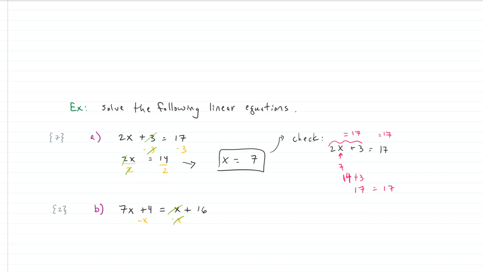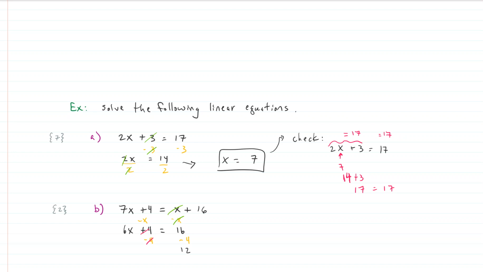That makes the x on the right cancel, and I get 7x minus x, which gives me 6x. And I have a 4 still, and then I have a 16. Well, let's move the 4 to the right, so we subtract 4 from each side. The 4 cancels on the left, and I get 16 minus 4, which is 12.